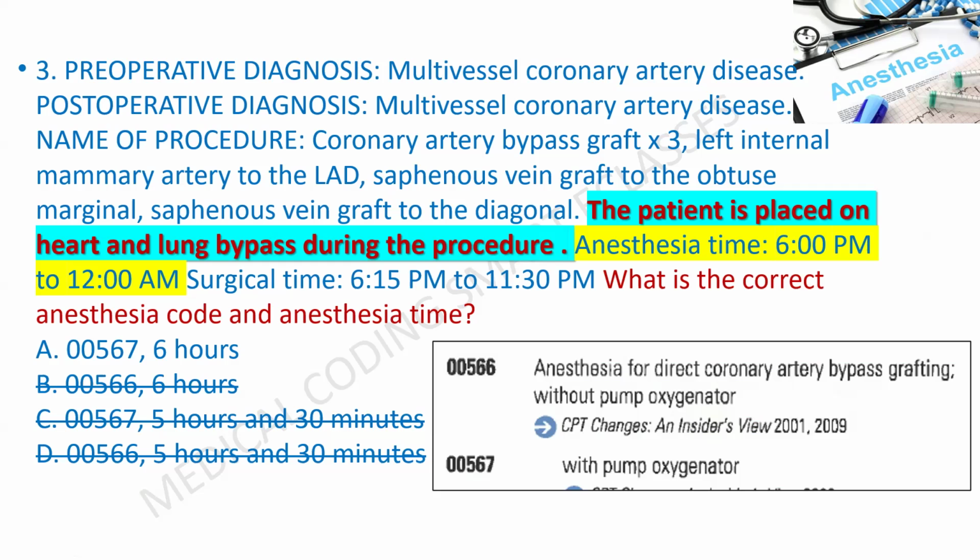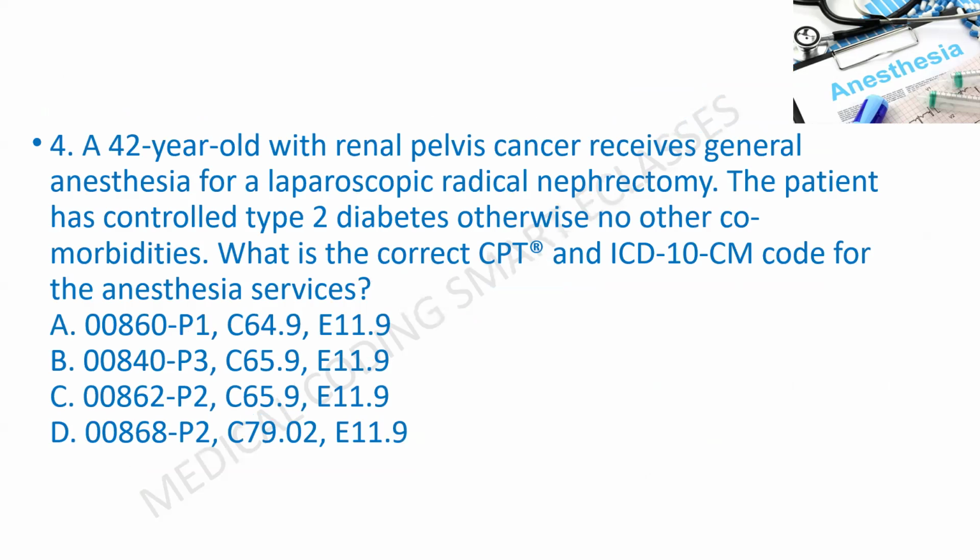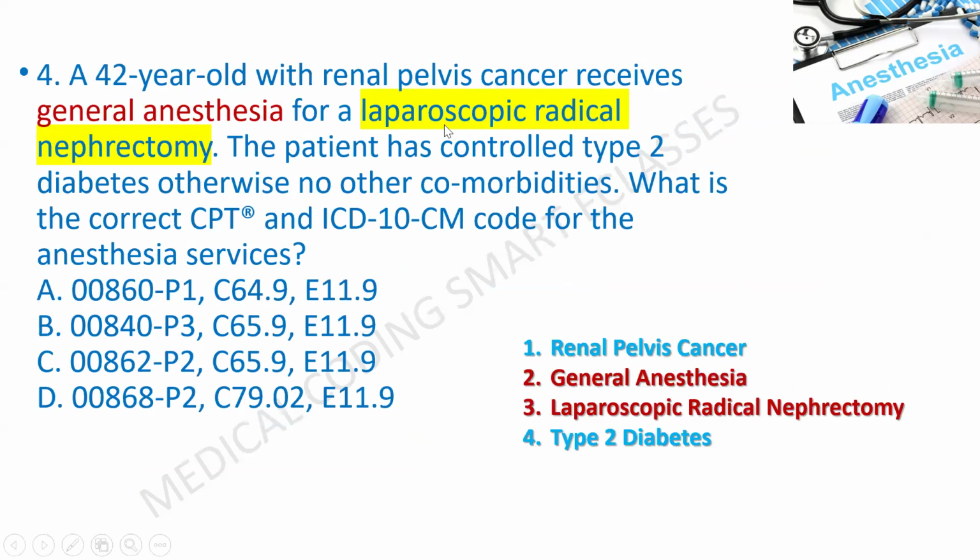is option A. Now, a 42-year-old with renal pelvis cancer received general anesthesia for a laparoscopic radical nephrectomy. The patient has controlled type 2 diabetes, otherwise no other comorbidity. Here the CPT and ICD-10-CM codes for anesthesia are asked.